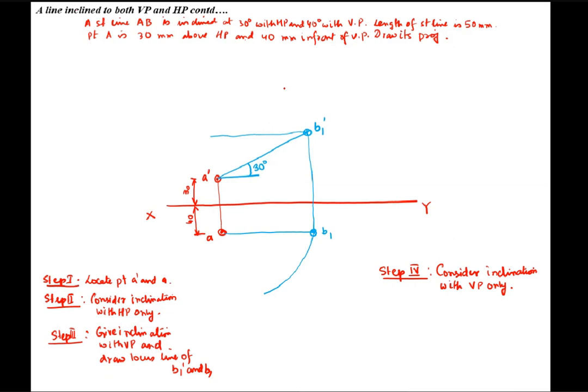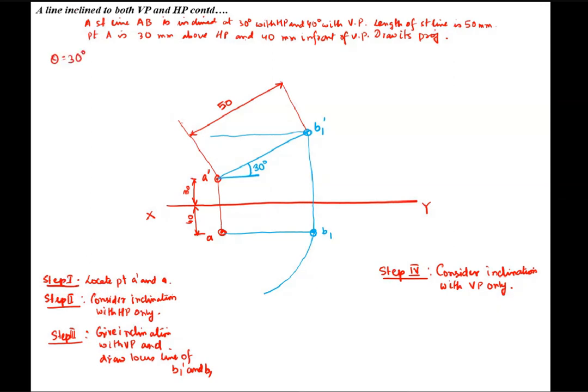Please give dimension of this B1 dash. This dimension will be 50, and this must be given. This 30 degree must be given; mention this 30 degree. Obviously it is theta, theta equal to 30 degree.